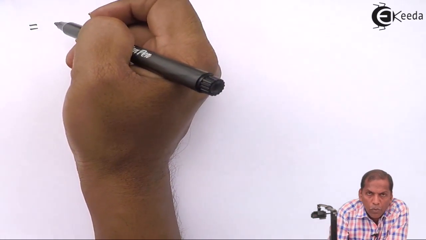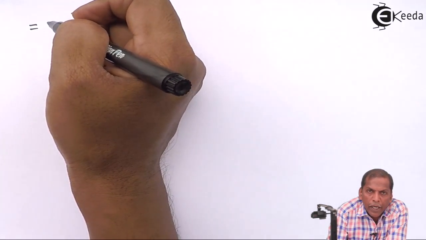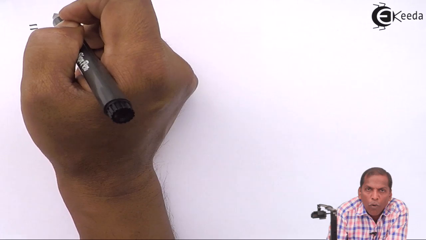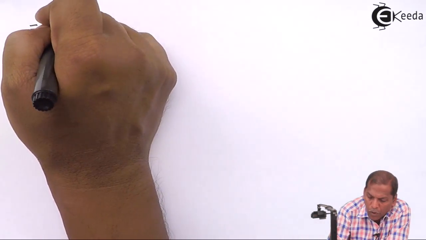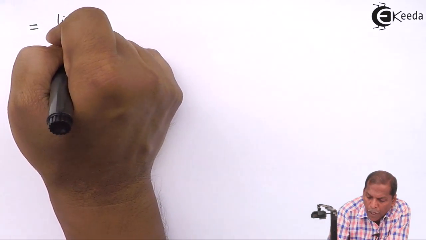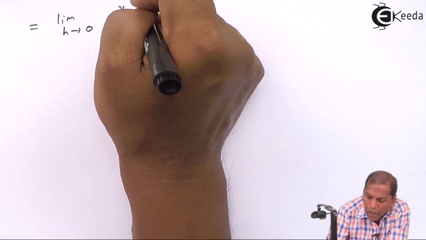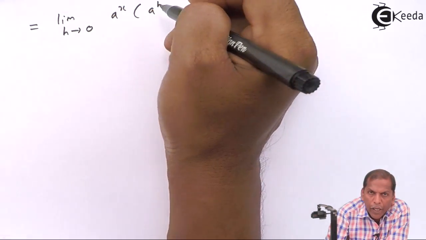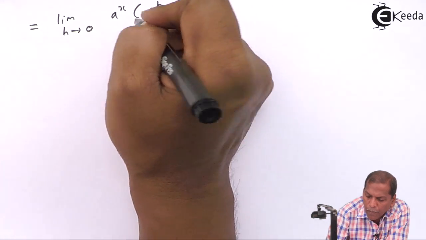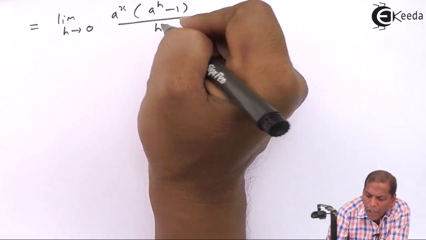So is equal to, now in the next step we take a raised x common from numerator. So we have limit h tends to 0, a raised x in bracket a raised h minus 1, whole thing divided by h.